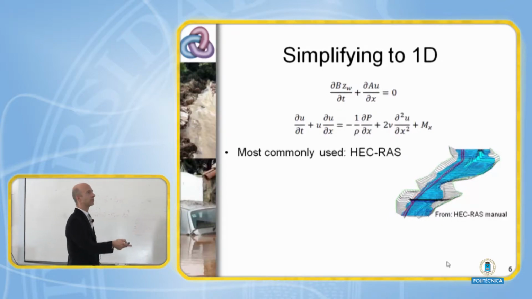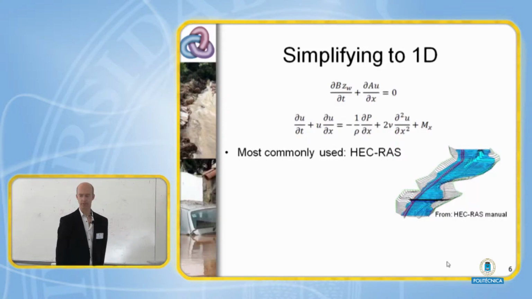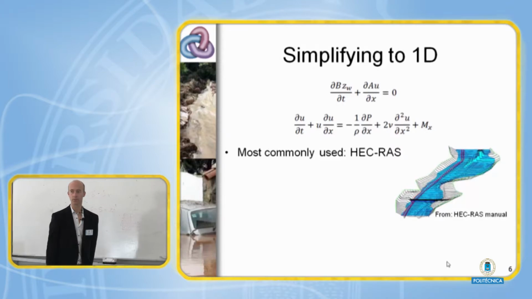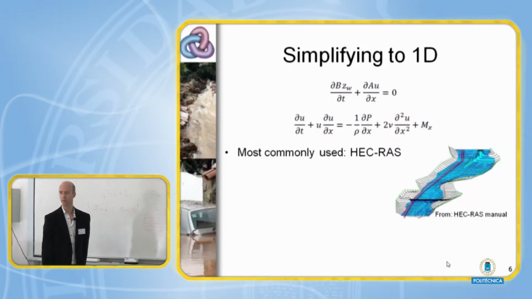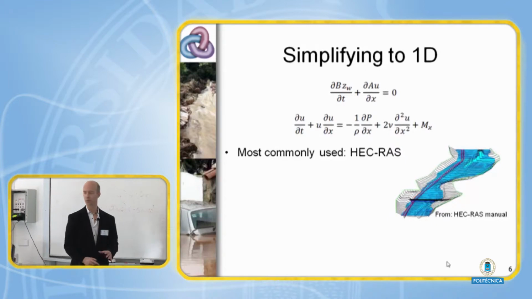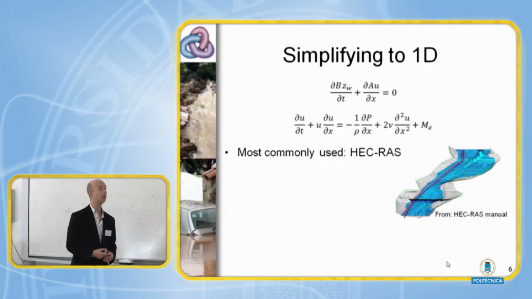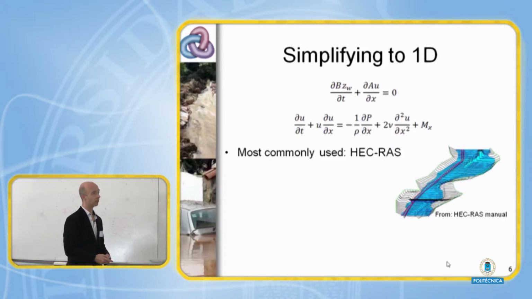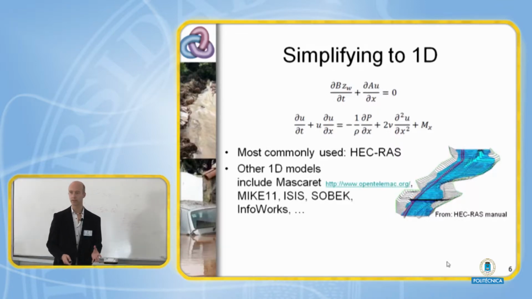The picture is a well-known picture from the HEC-RAS manual. HEC-RAS is a public domain model developed by the US Army Corps of Engineers. And if you look worldwide, it's probably the most widely used one-dimensional hydraulic model. There are several other hydraulic models.